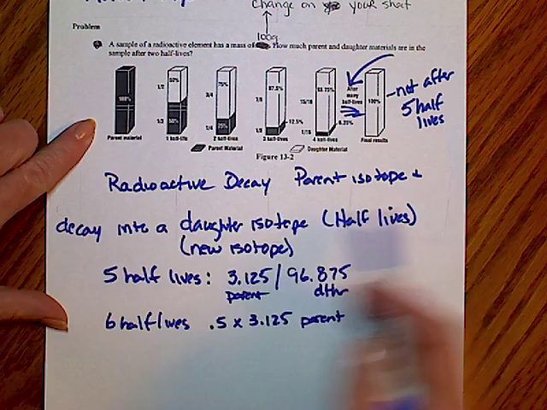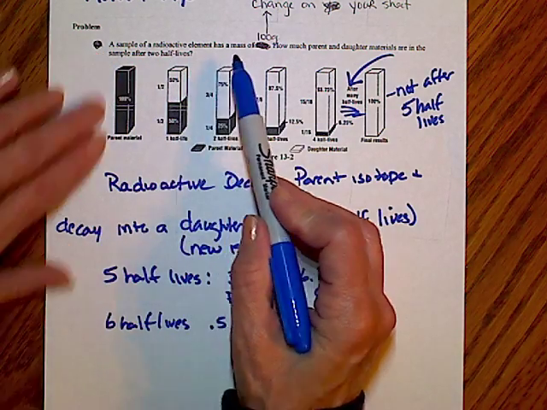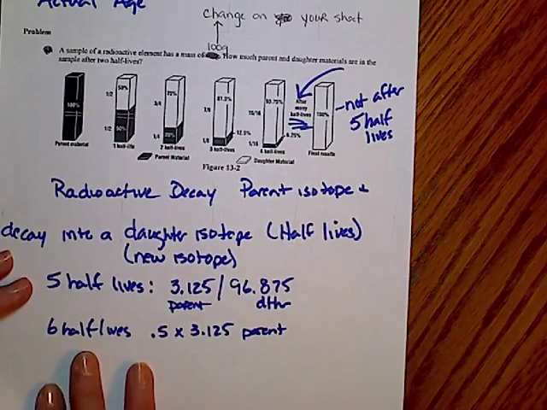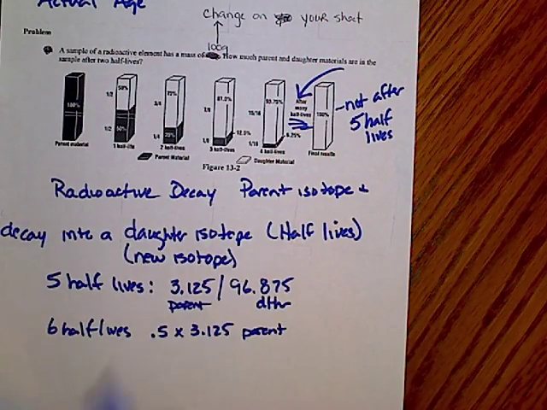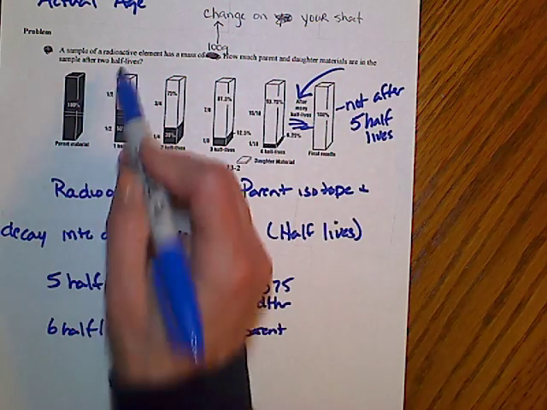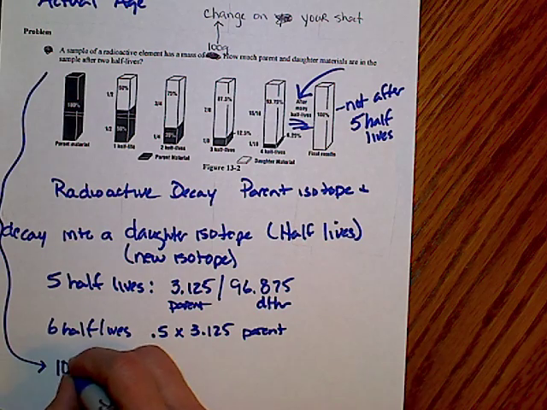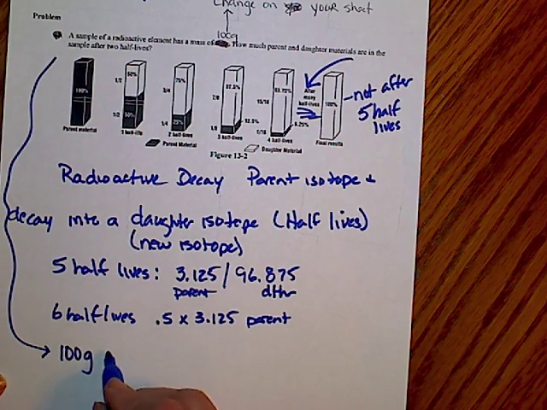So let's take a look at our graph here. Now, if I have a sample of radioactive element and it has a mass of 100 grams, and I know this is kind of hard to see, but you have the sheet in front of you. How much parent and daughter material are in the sample after 2 half-lives? So I have 100 grams that I start off with.